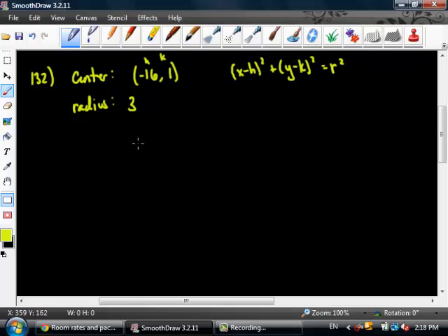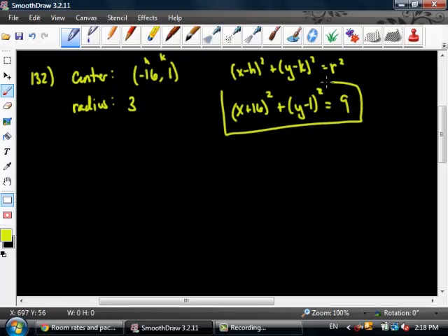So x minus negative 16 becomes x plus 16 squared, plus y minus 1 squared, equals 3 squared, which is 9. And you're done. Nothing to it.